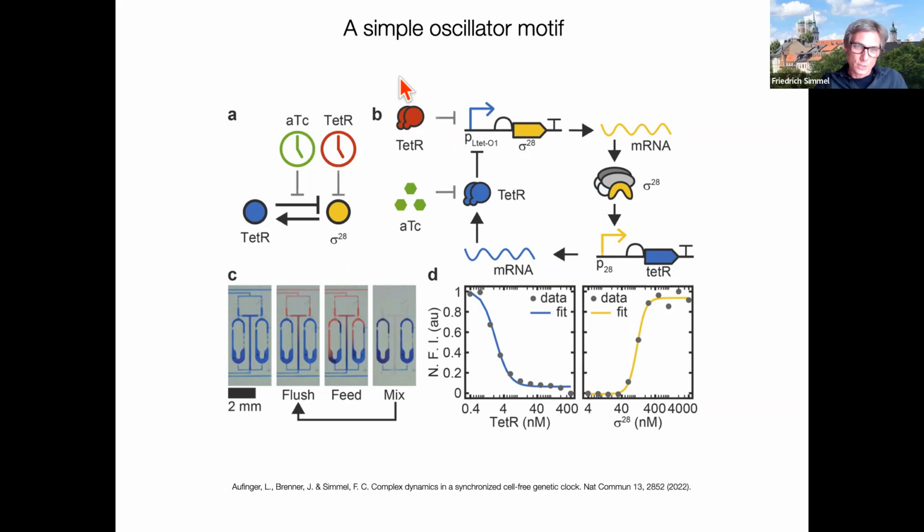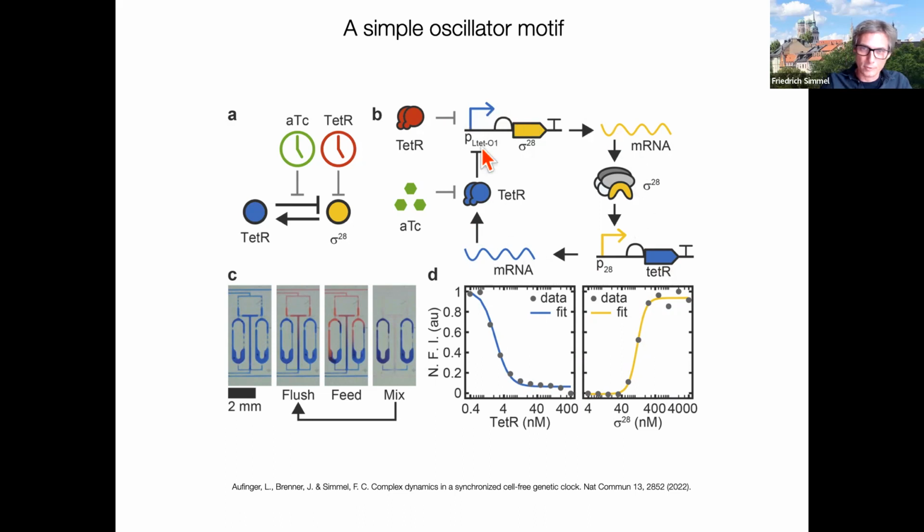So here, what you see is a simple oscillator that is based on a sigma factor and TetR. This gene codes for sigma 28. And this sigma factor, together with the E. coli polymerase, transcribes from this promoter, and you produce a repressor, TetR, and TetR represses expression from this promoter.